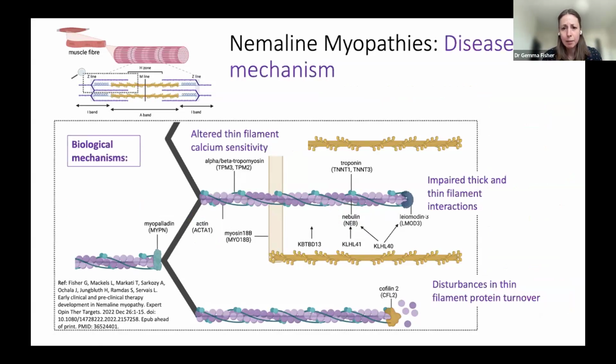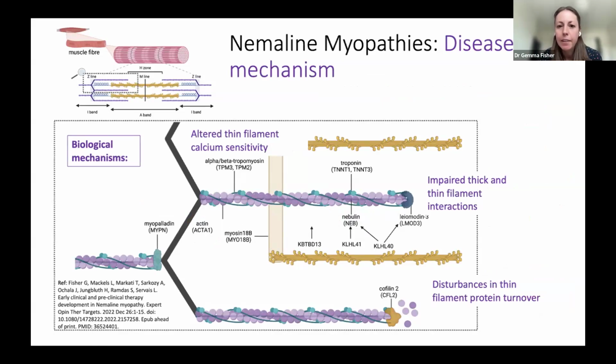And then in terms of how abnormalities in those genes cause problems with the contraction of the muscle, the presence of the Nemaline body might contribute a little bit, but also there are issues with calcium sensitivity. So you need calcium to initiate your muscle contraction. So it's a bit like starting the car doesn't quite work as well.